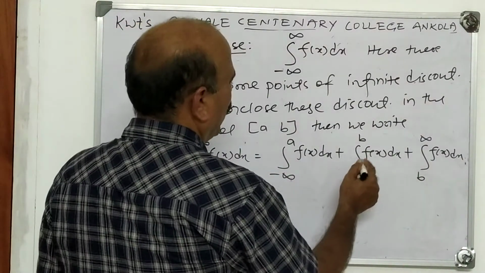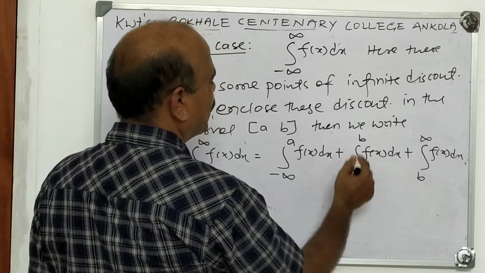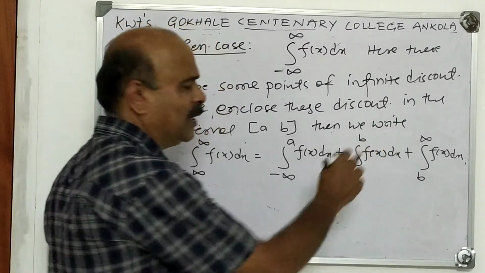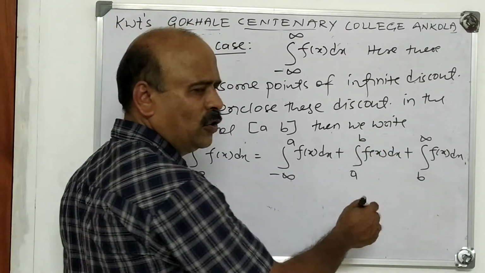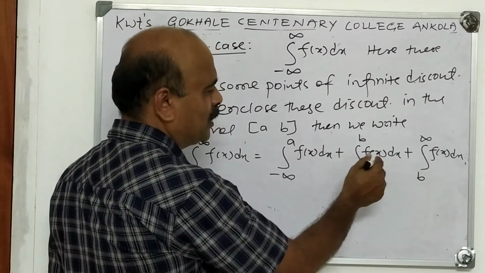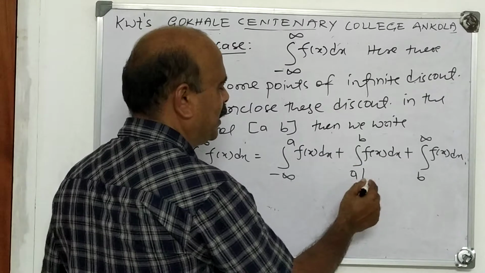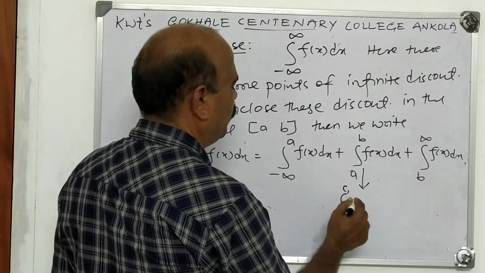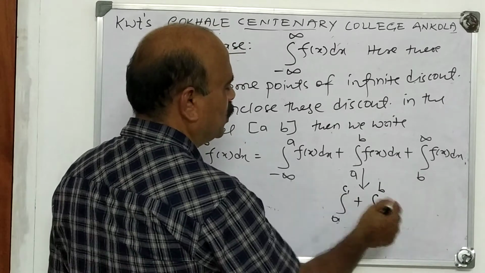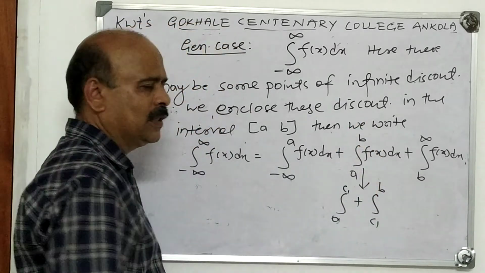Now we have enclosed infinite discontinuities in AB. Here in between AB there may be again points of discontinuities. Suppose c1, c2 are discontinuities. We write this as A to c1 plus c1 to B. If both these two exist, then A to B exists.